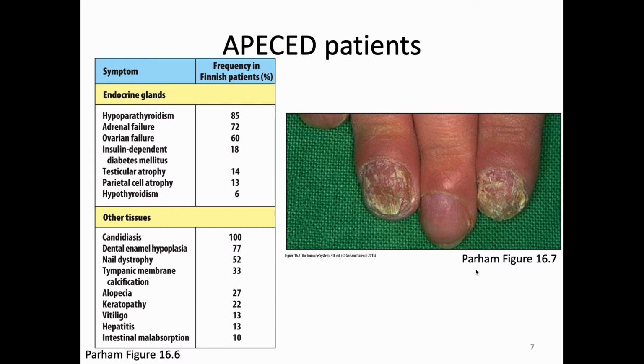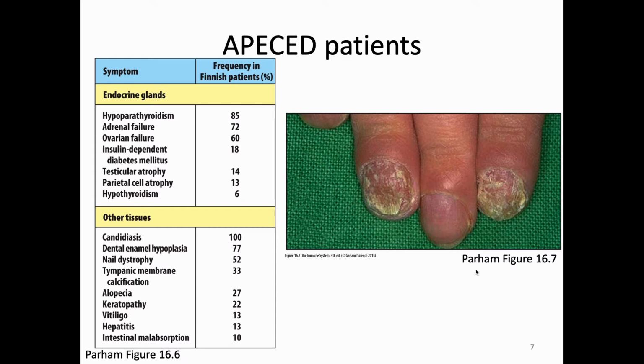Also, 100% have these yeast infections, candidiasis. A lot of them have weird things going on with their fingernails, this nail dystrophy, and on and on. Each patient has a different combo of these, so it's not like there's a standard set of symptoms. And this is due to some group of T cells all getting out of the thymus that shouldn't have.